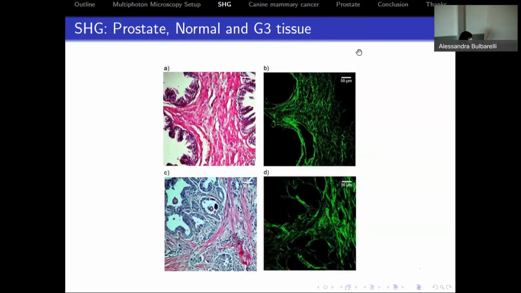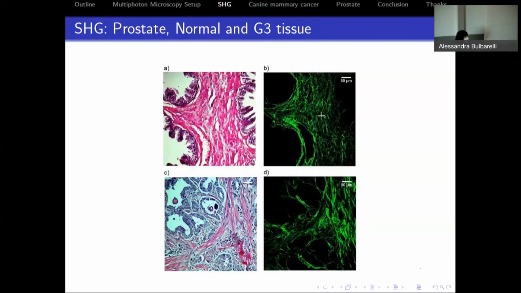Yeah, thank you. And so the first results in the literature in this area were showing mainly that the collagen organization around the glands, in areas of different types of cancers, was being organized and stretched, and the amount of collagen was also changing.